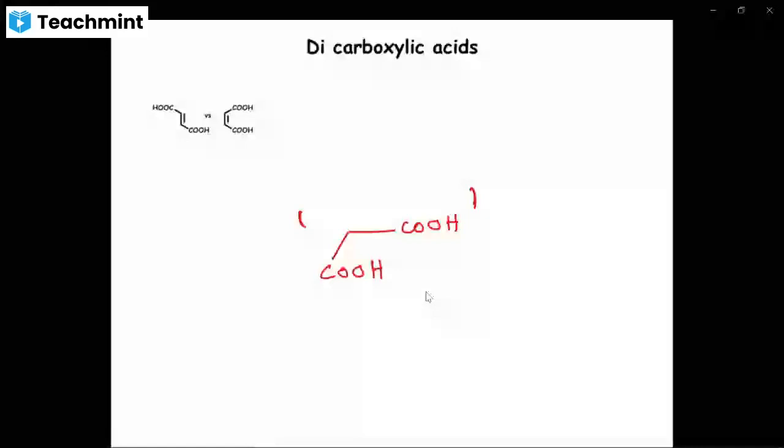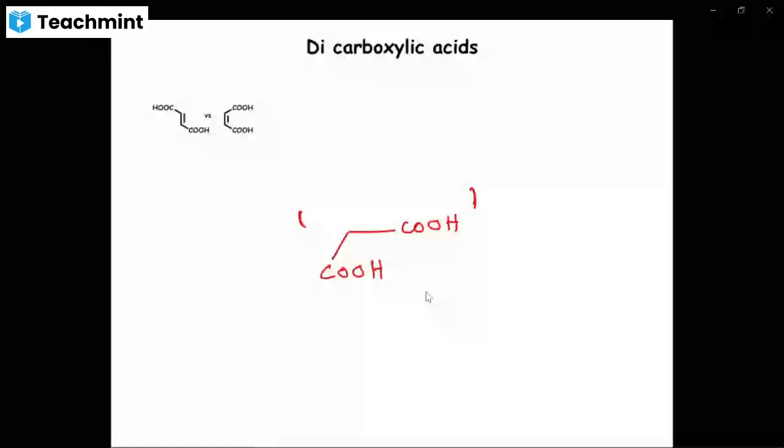Malonic or malic? Yeah, malonic acid. There is a mnemonic, Ohm's cap: oxalic acid, malonic acid, succinic acid, then glutaric acid and palmitic acid. As we go from carbon number 1 to 3, the name goes.